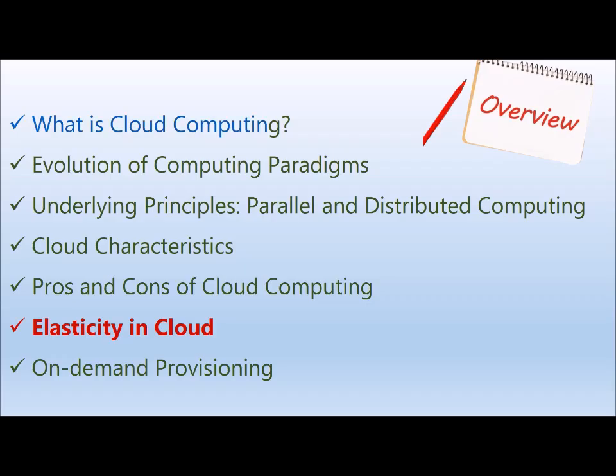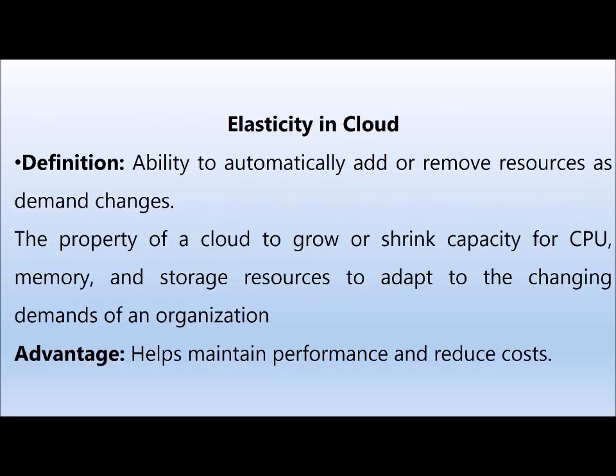And so the elasticity in cloud. So elasticity is nothing but the ability to automatically add or remove resources as demand changes, because the demand is not always the same. So it depends on the workload. It may increase or decrease.